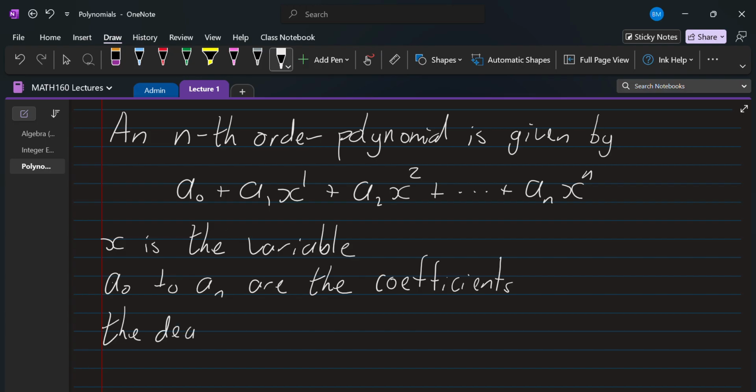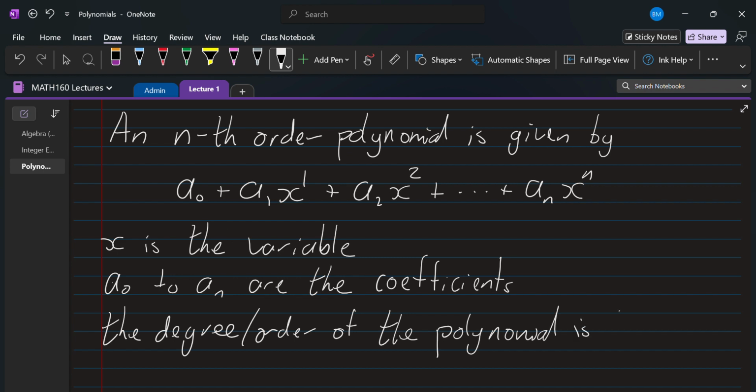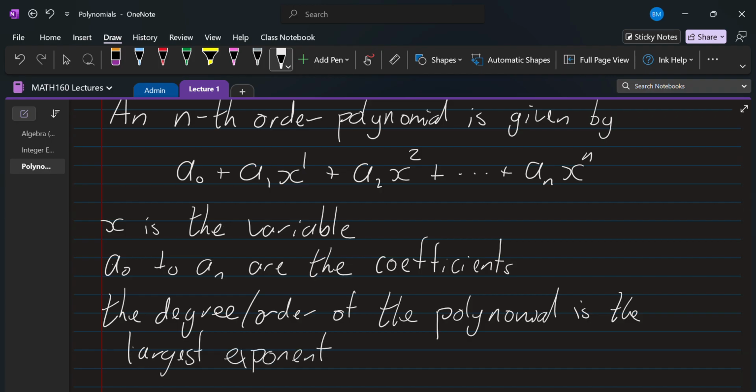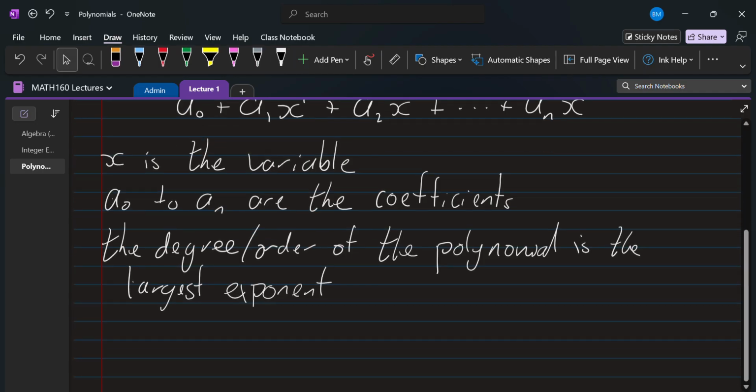So each term there with some exponents has some coefficients. So the x to the 0, that's just a0. x to the 1 comes with a1. x cubed will come with a3, and so on. That's a polynomial. So x is the variable. a0 to an are the coefficients.